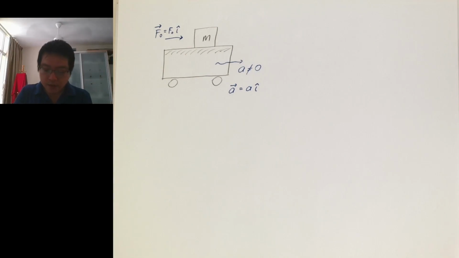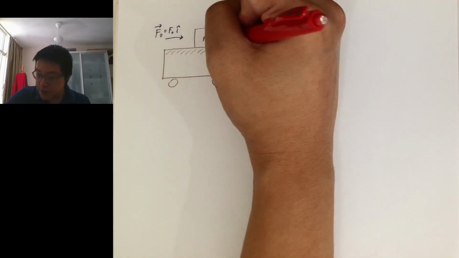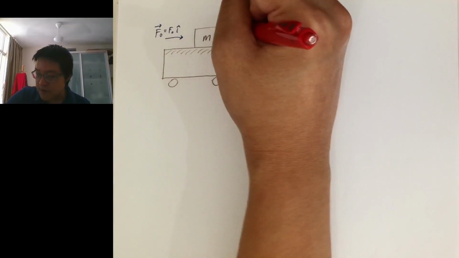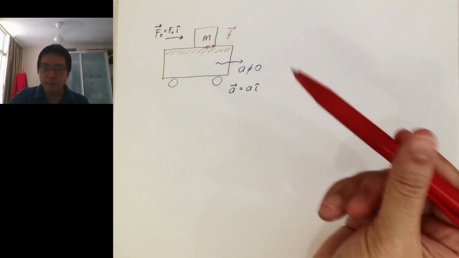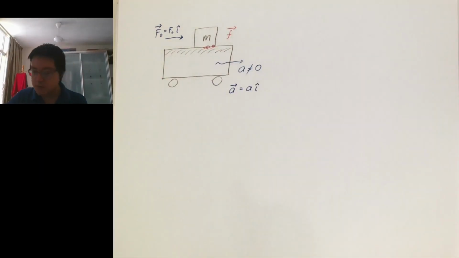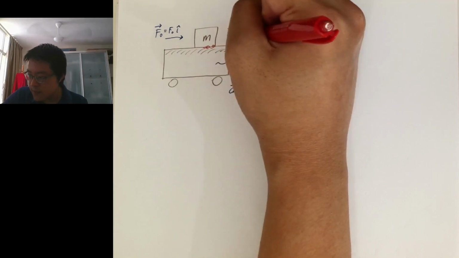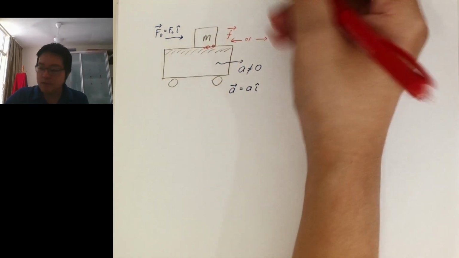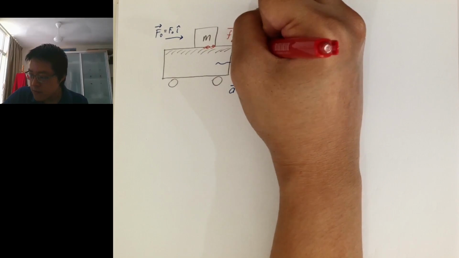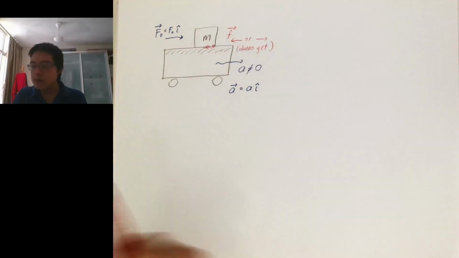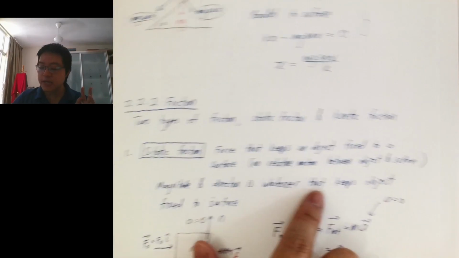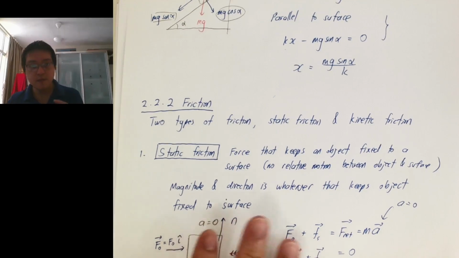Okay, so with no relative motion, what is the net force acting on this? There is some friction force acting on this surface here. It could be forward, it could be backwards, right? So let me make this clear. I don't know yet whether it's this way or this way. It's whatever keeps the object fixed to the surface.